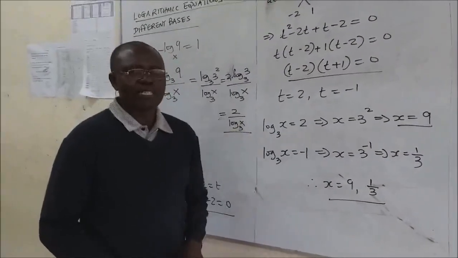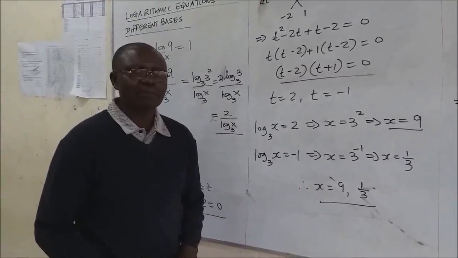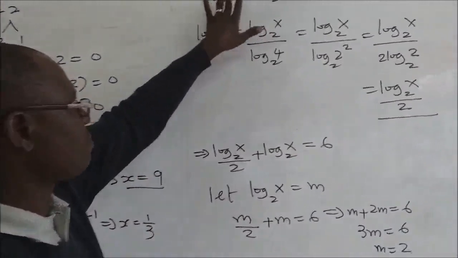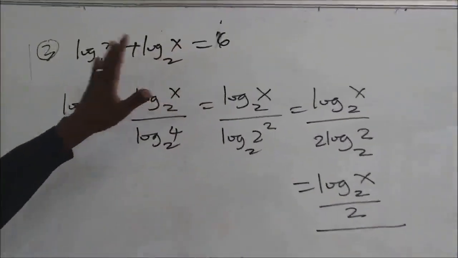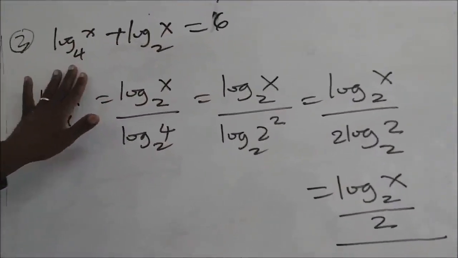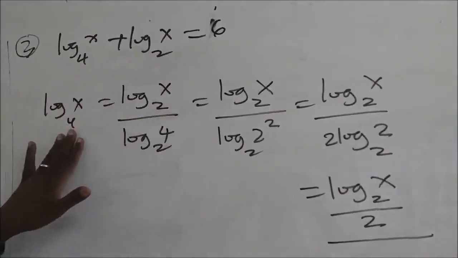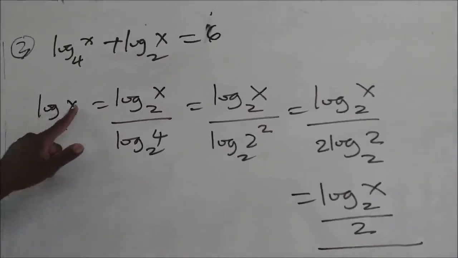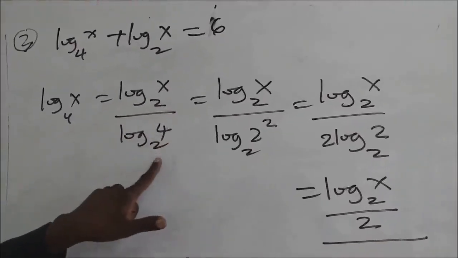Let us finally look at question 3, the final one. This is log x base 4 plus log x base 2 equals 6. The bases are not the same. We either move from base 4 to base 2 or from base 2 to base 4. I have decided to move from base 4 to base 2, so I rewrite log x base 4 as log x base 2 divided by log 4 base 2.